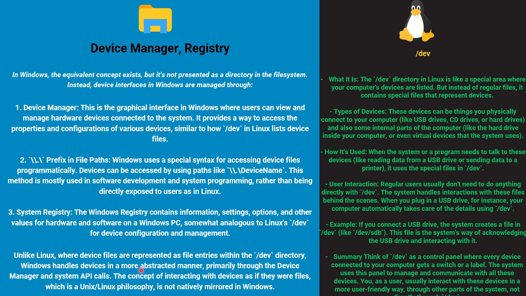So Windows uses a different way. In Device Manager and the registry, a user can also access them, but usually behind the scenes, Windows is using API calls and WMI queries to interact with these devices. So that's about the /dev directory.